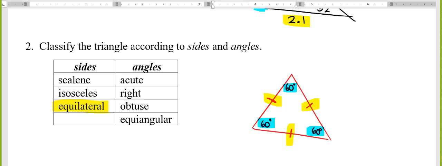This is an equiangular triangle. It's also, what else is it? Is there an obtuse angle? Is there an angle that's bigger than 90 degrees? Nope. Is there an angle that is equal to 90 degrees in there? Is it acute? It is acute. They're all less than 90 degrees. Good job.